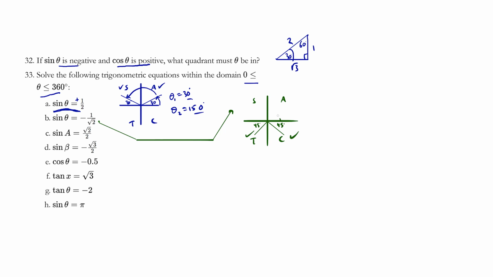On your marks, get set, go. 180 plus 45 is going to be your first answer. 180 plus 45 is 225. That's your personal best, and you ran out of steam. But the second time you do a run, you have more endurance. You can run all the way around here, which is 315. So these are the first two solutions, and that is within the domain.